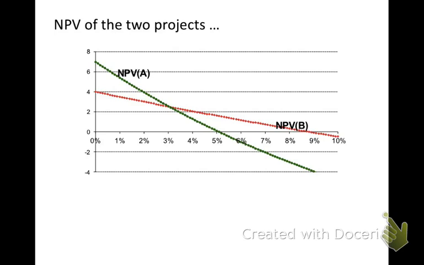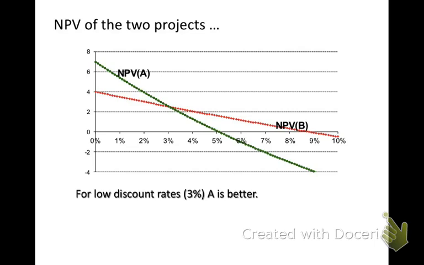You also have another concept, which is the internal rate of return, which is 5% in the case of the green project, or 9% for the red project. And of course, if we use a 3% discount rate, what would be our assessment?